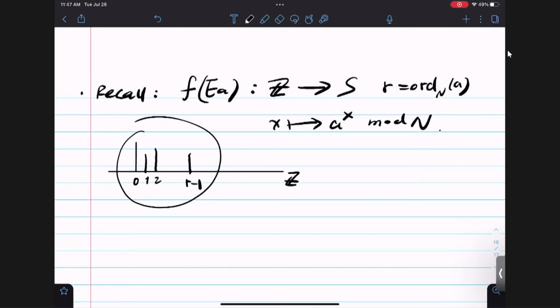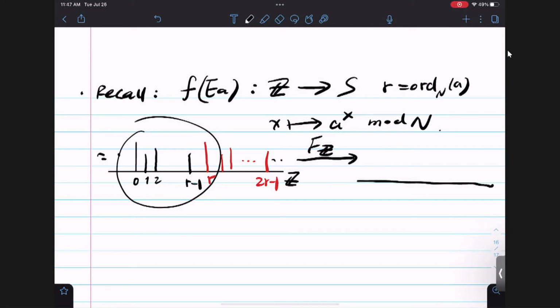From R to 2R minus 1, I'm just going to repeat the same pattern. So this is the input function, this periodic function. And then the Fourier transform over Z, well, from Fourier analysis, will have a very nice pattern.